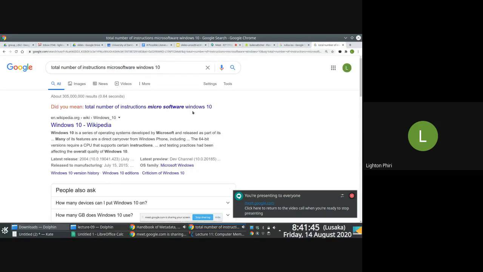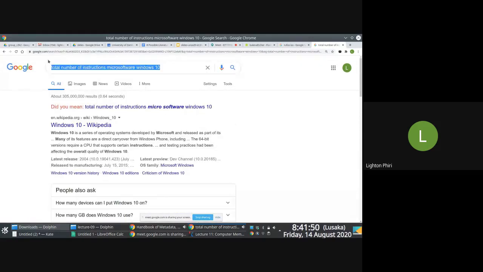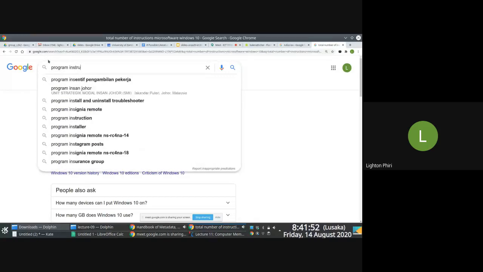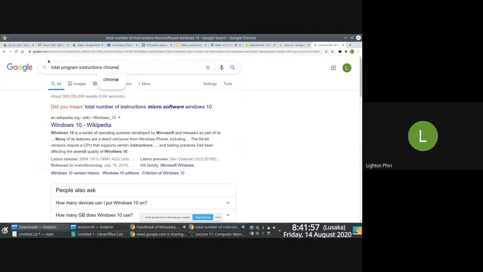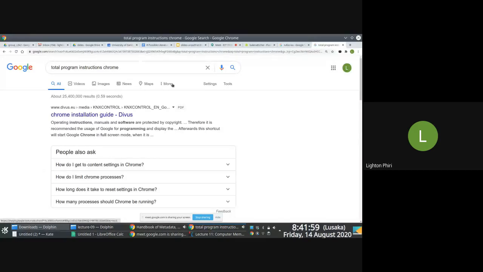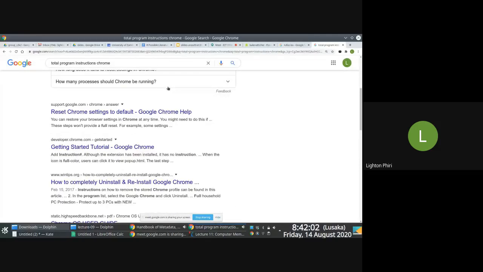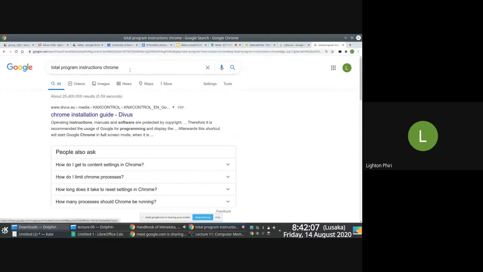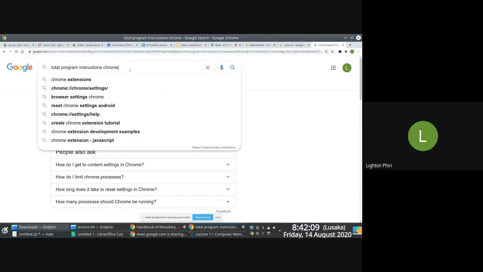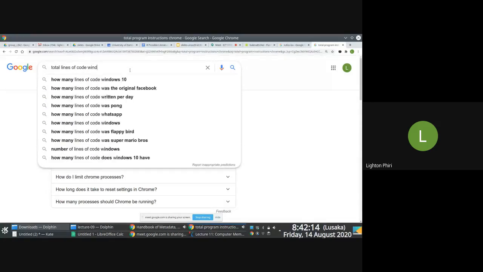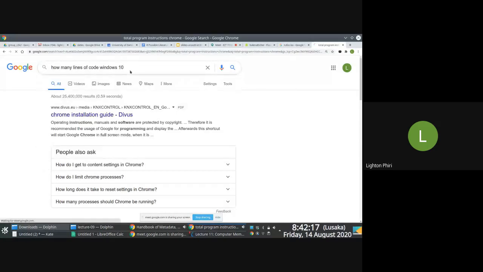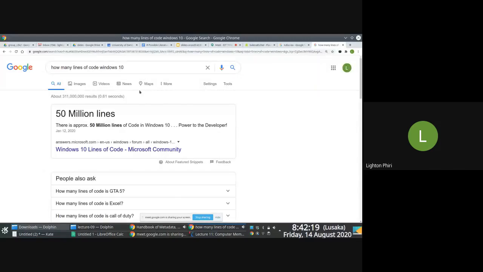I don't know if we can. I'm trying to look up total program instructions, Chrome. I was trying to give you an idea here. And I don't want to use lines of code here, I want to use a specific number of instructions, but maybe we can use lines of code actually. Total lines of code, Windows. How many lines of code, Windows 10? I hope we find this. Boom, there you go. Now here's the thing, right?